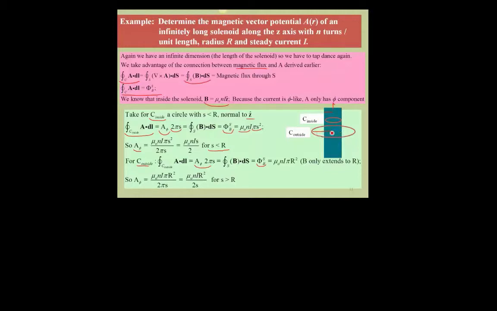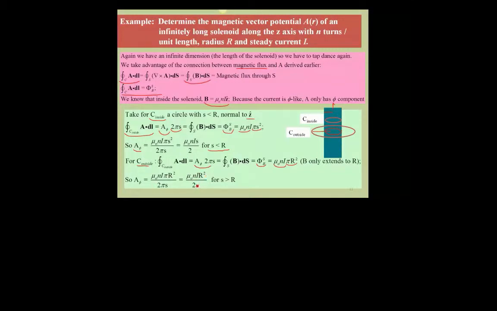And so since this distance is R, the area of the place where we have flux is just going to be pi R squared. Taking B here, multiplying by pi capital R squared, B only extends to the distance capital R. We can now take this equation here, so A phi 2 pi s is equal to this quantity here, and solve for A sub phi. And so we end up with mu 0 n I capital R squared over 2s.